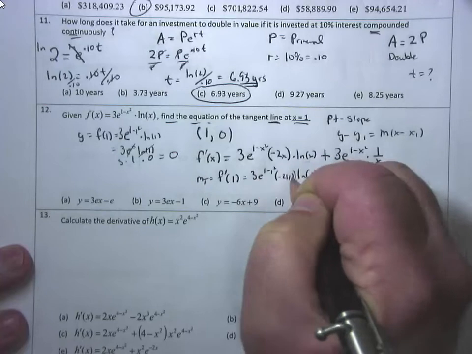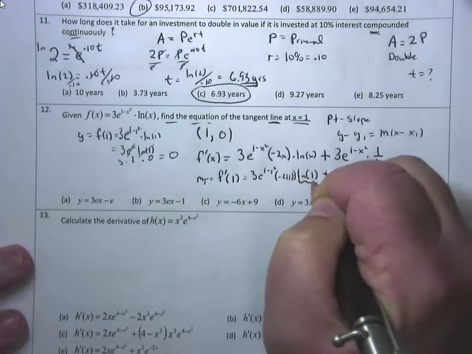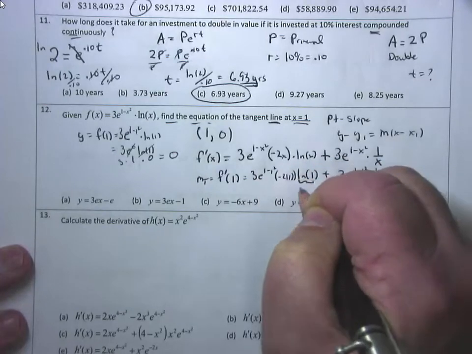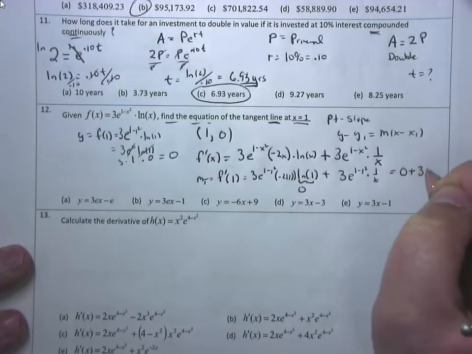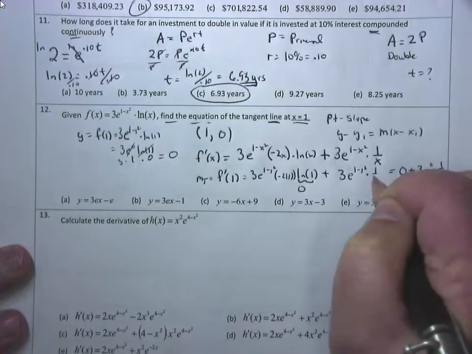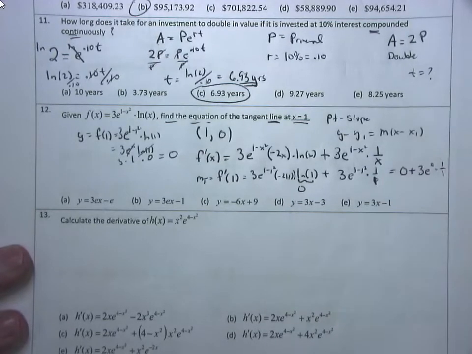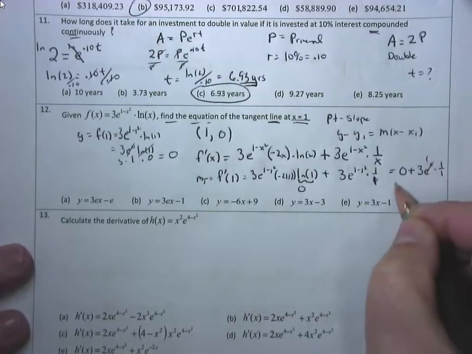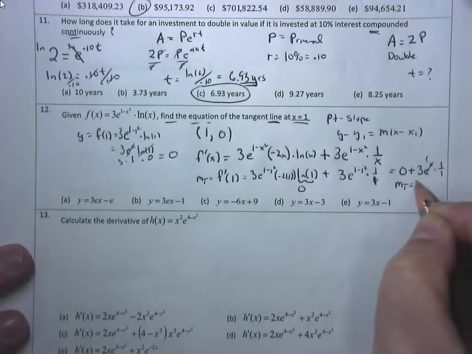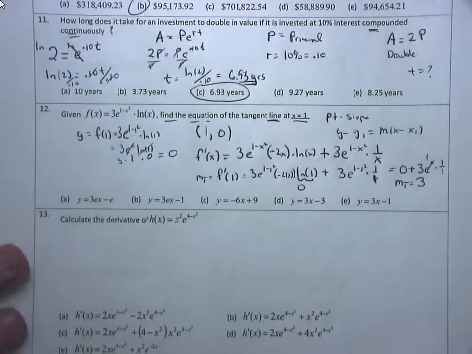Now I've got a bunch of numbers over here, but what is the natural log of 1 equal to again? 0, so it's going to kill off all that stuff. So that's 0 plus 3e to the 0 times 1 over 1. x is 1 there, so I can plug in 1, and 1 over 1 is 1. So e to the 0 is 1. What do I get for my slope of the tangent line? 3 times 1, which is 3.